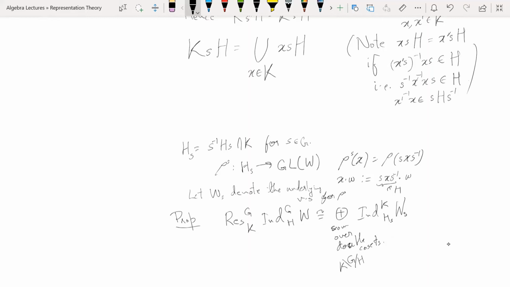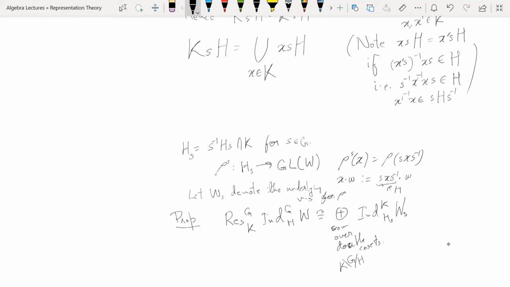Given an element of H_S, it cannot act on W directly because W is an H representation. So you conjugate it by S. You multiply this by S x S inverse, so this S x S inverse will land in H. Then you act on W, and this action is defined.